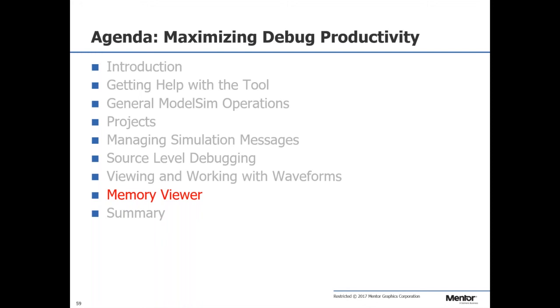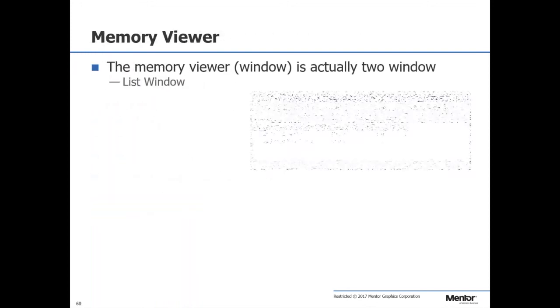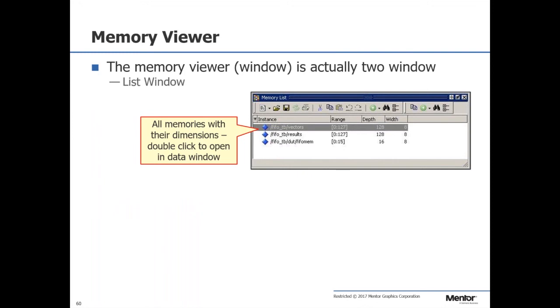Now let's quickly talk about the memory viewer. The memory viewer analyzes your code and looks for any two-dimensional arrays. There's some limit, below a certain size, where it doesn't show it as a memory, and I forget exactly what that limit is.